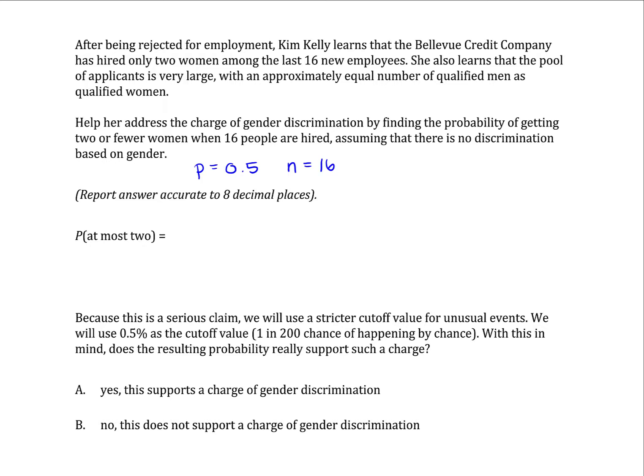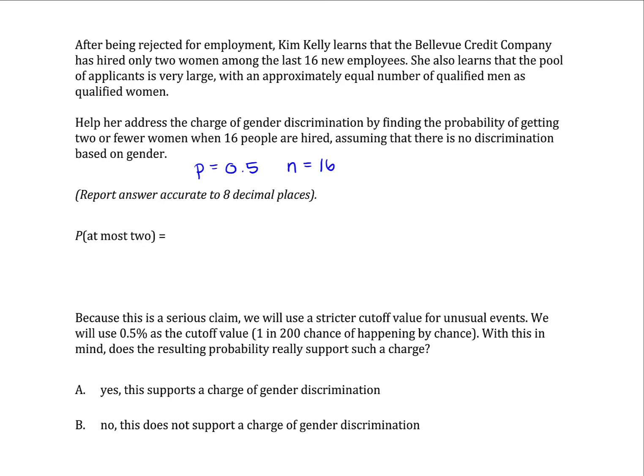Now, when coming up with a probability, we do need to decide how we're going to approach its solution. And what we have here is a hint toward using a binomial distribution because, first off, there's only one of 2 outcomes. Either the person hired is male or female. So that's a hint toward using a binomial.